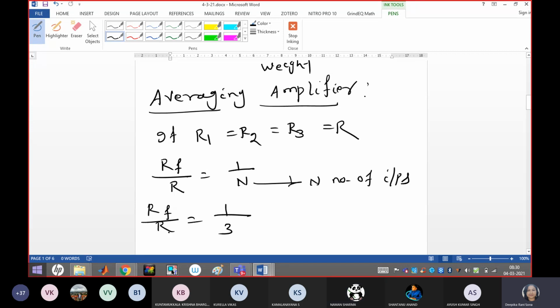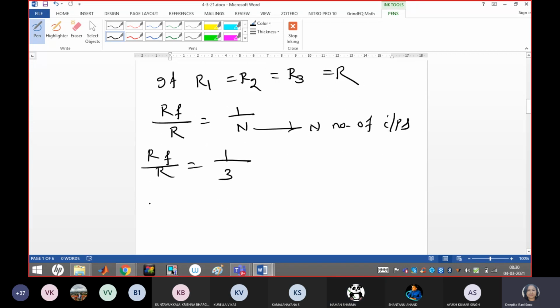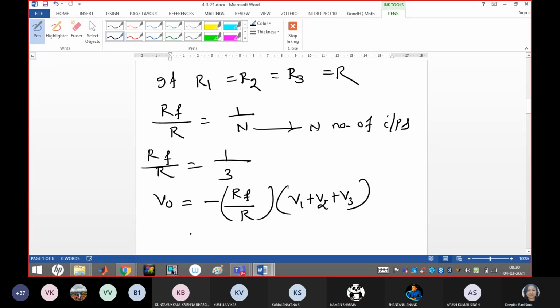Again, going to the previous equation, V naught equals minus RF by R whole into V1 plus V2 plus V3. So the answer becomes minus 1 by 3 into V1 plus V2 plus V3, that is, V1 plus V2 plus V3 by 3. This is called the averaging amplifier output equation.